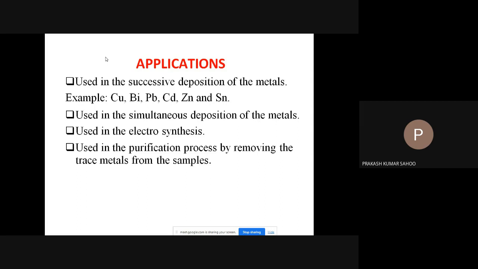For copper, bismuth, lead, cadmium, zinc, and tin, this electrogravimetric approach is used for gravimetric determination, in the simultaneous deposition of metals, in electrosynthesis, and in the purification process by removing trace metals from the sample.